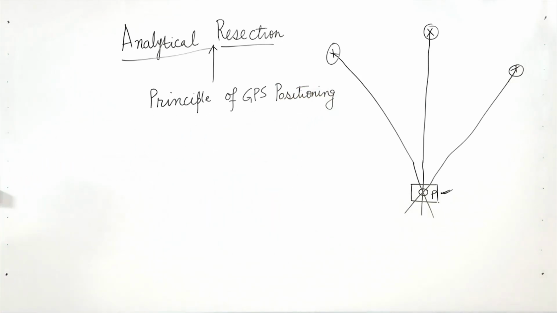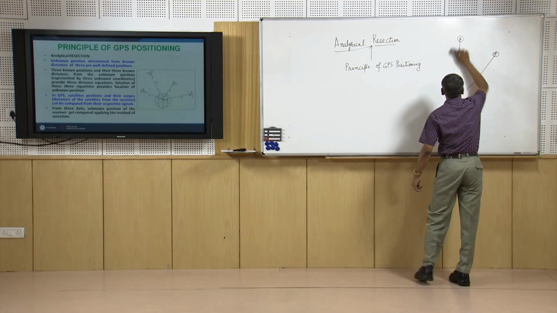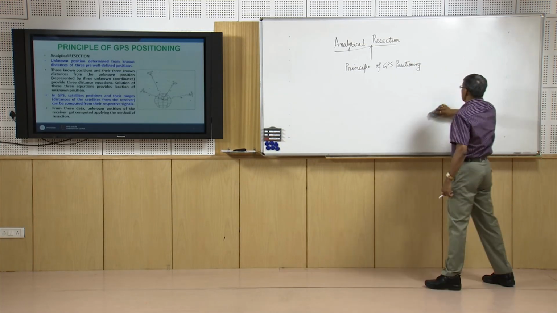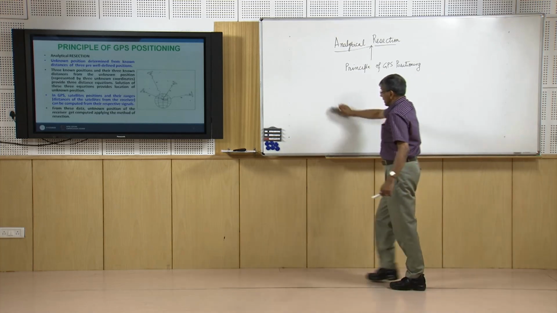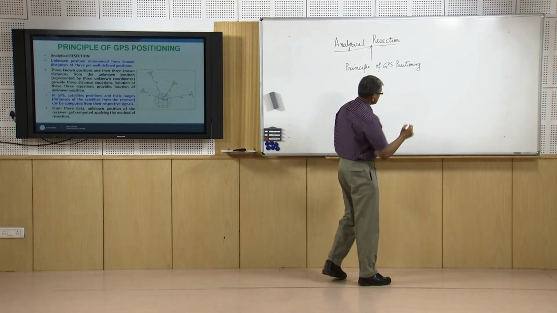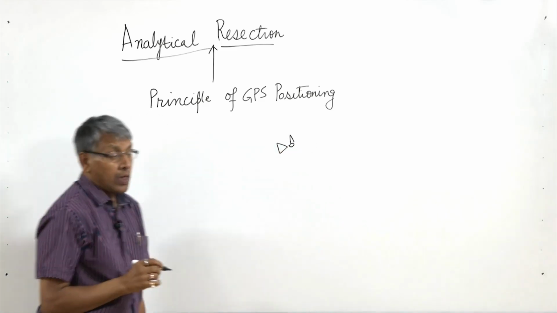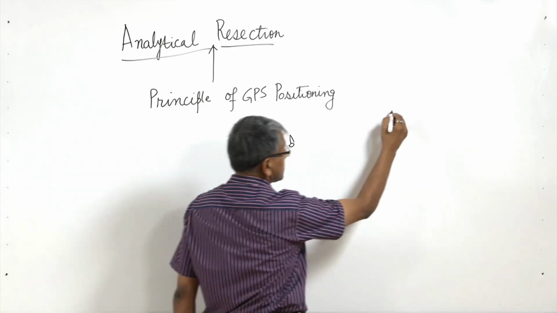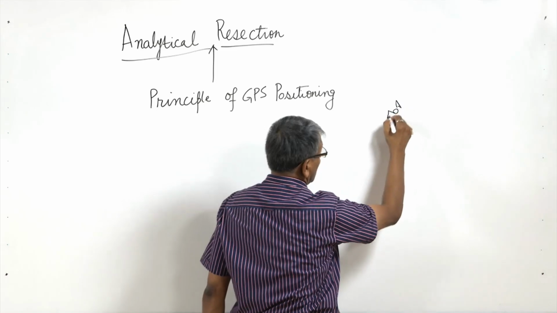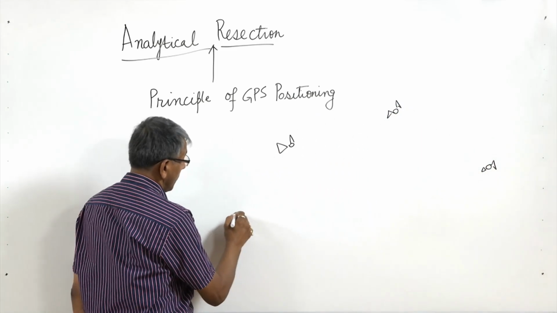Now in case of GPS, where do we get the 3 objects as well as the direction of lines from? In case of GPS, it is the satellites whose positions we know.